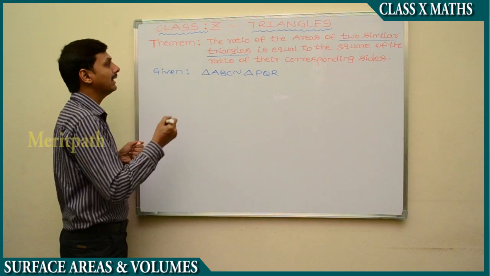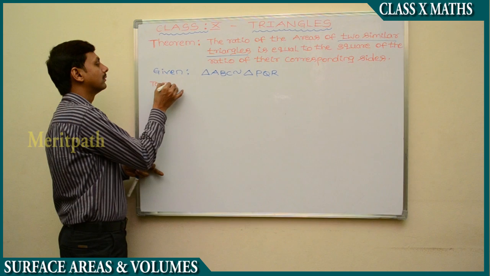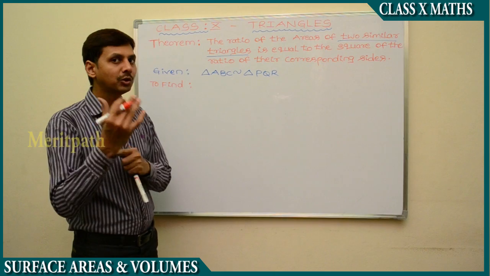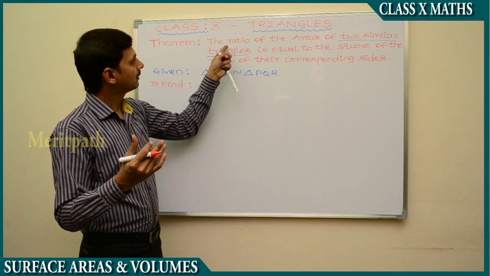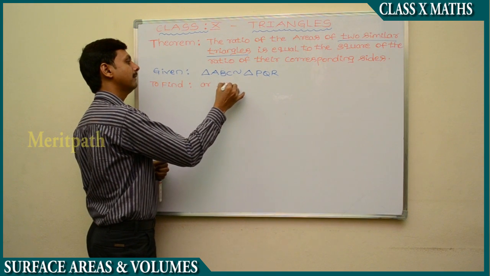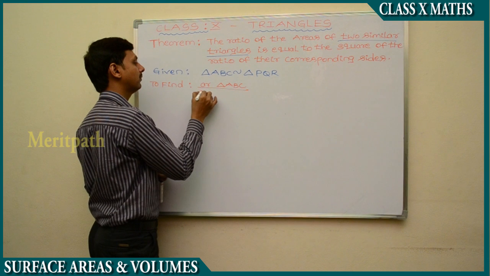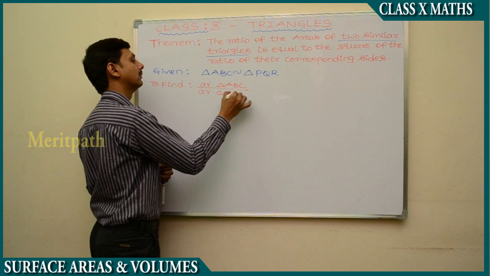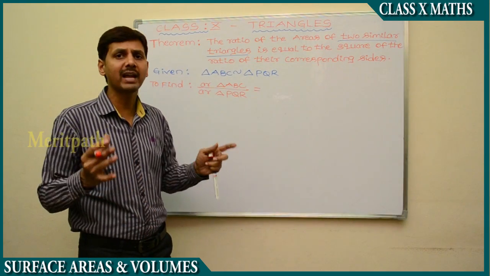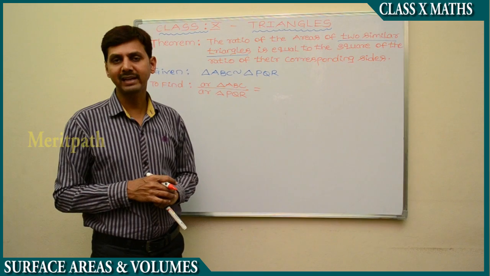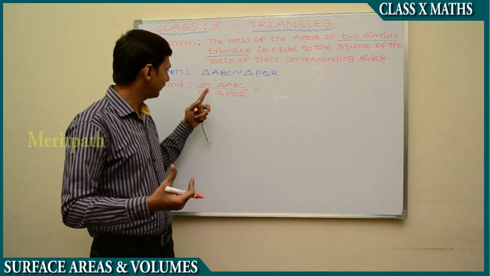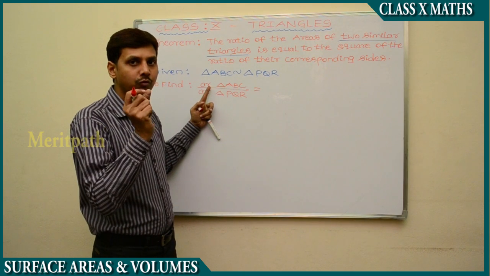To find out, we need the ratio of their areas, that means the area of triangle ABC to the area of triangle PQR. Any names we can take in place of ABC and PQR. Area is represented in short form as ar.